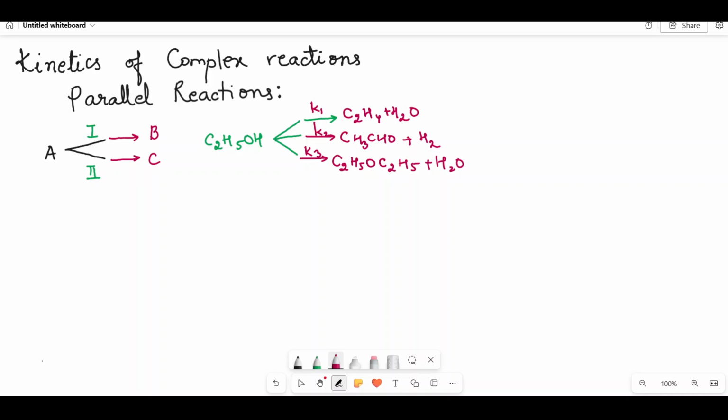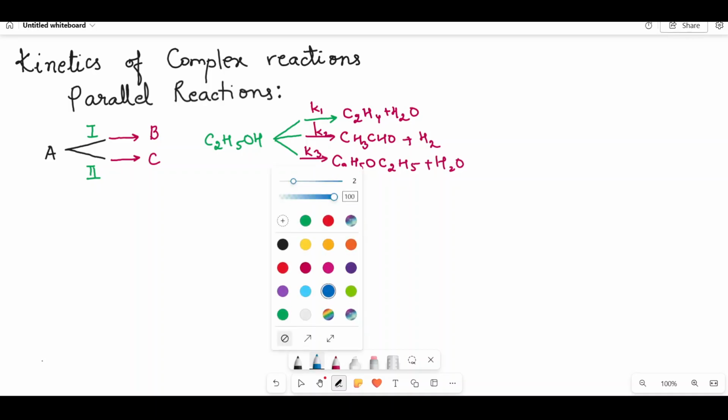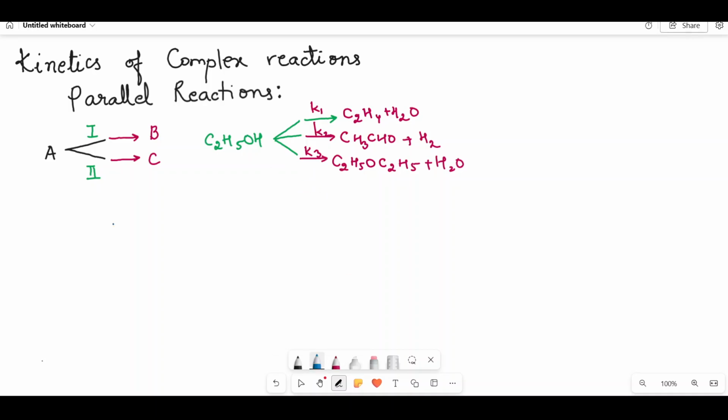Let us consider this general parallel equation. Here, at K1 B is formed, at K2 C is formed.